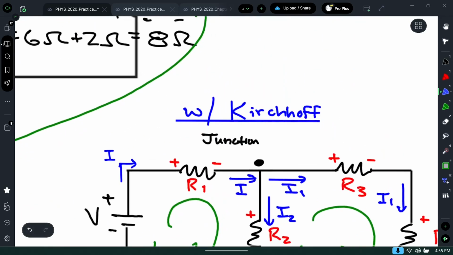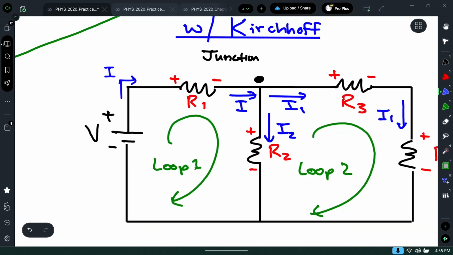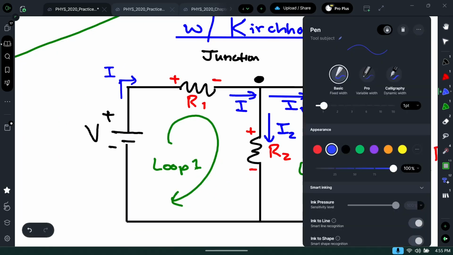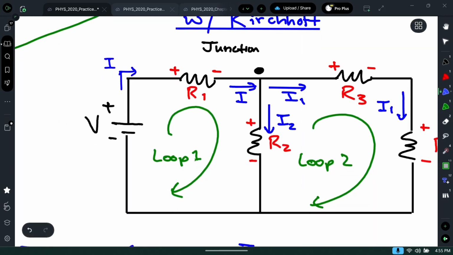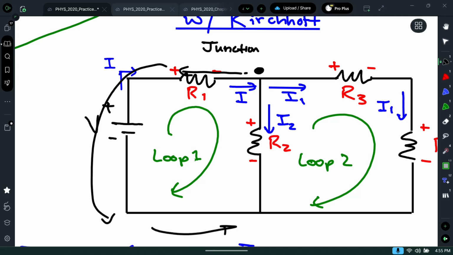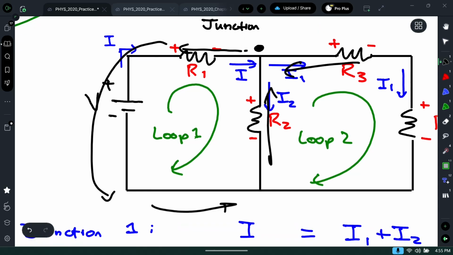And so I guess these are the correct actual directions for conventional current. Electrons are actually flowing in this circuit like this, right to left, and around this way, and around like that. And then opposite I2 and opposite I3. So electrons are just doing the opposite of what these pretend positive charges we've been using are doing.